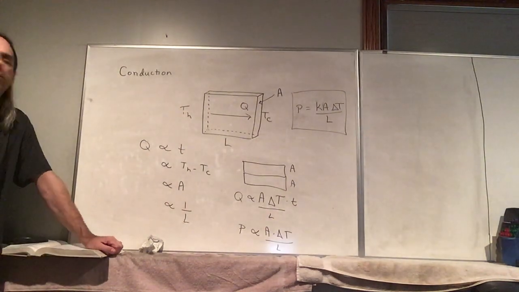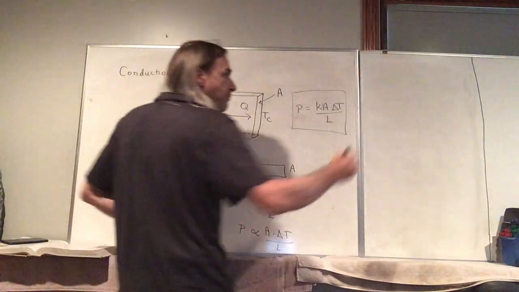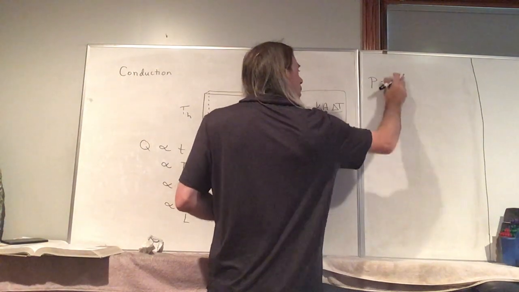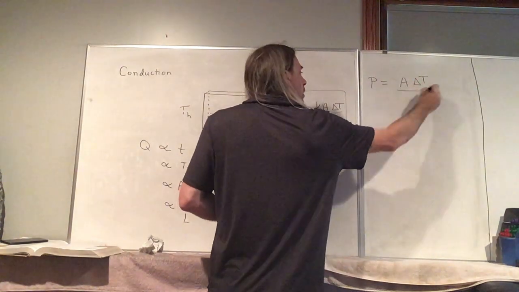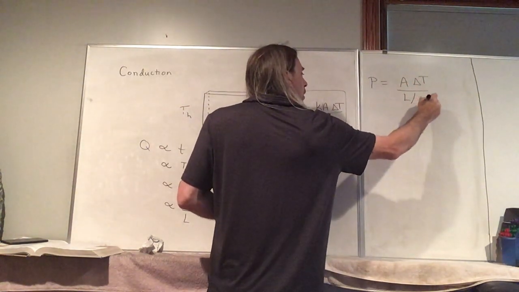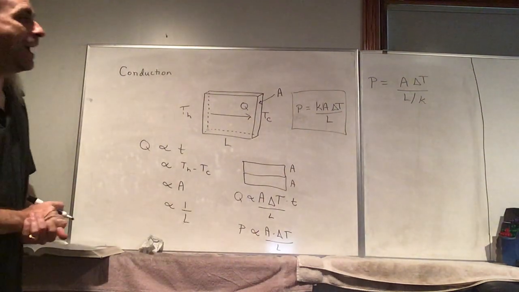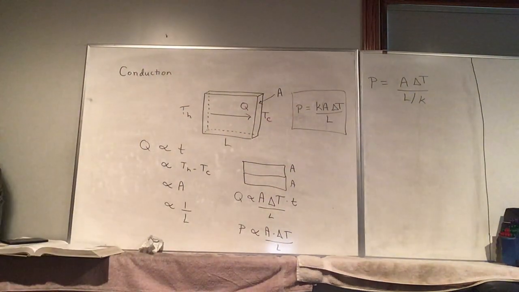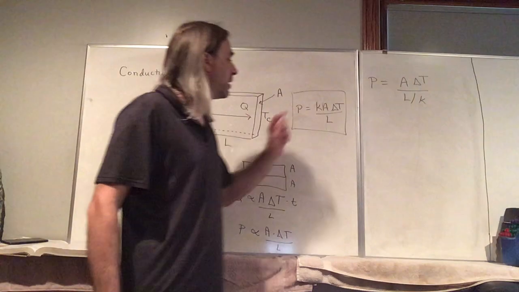This would be fine to leave this way, but I'm actually going to write it a little differently. If we multiply the top and the bottom by 1 over K, it cancels out here, and then on the bottom we have L over K. And that's the final form I want to write this, and there's a good reason to write it this way instead of this way.